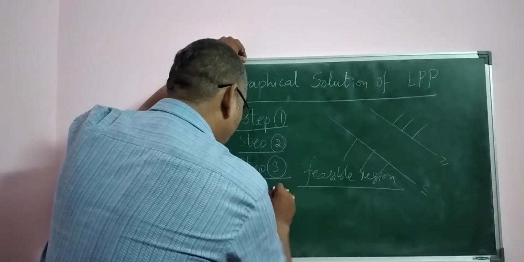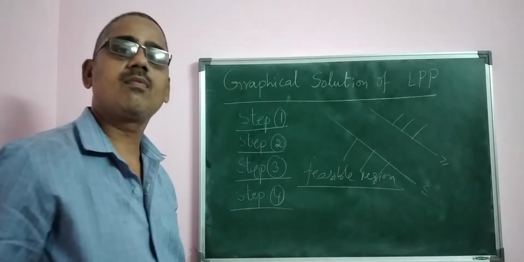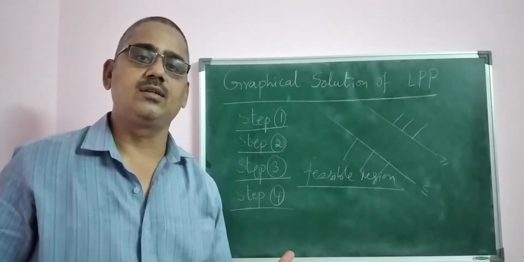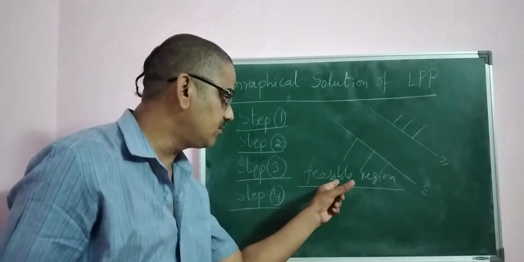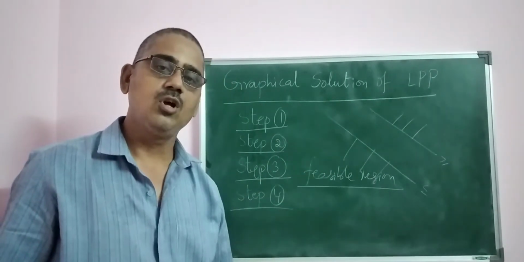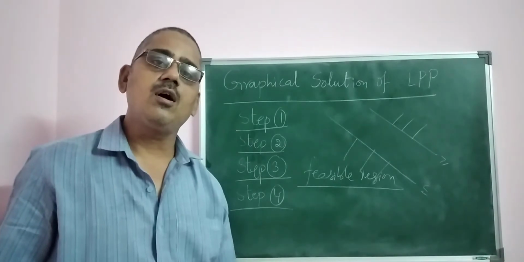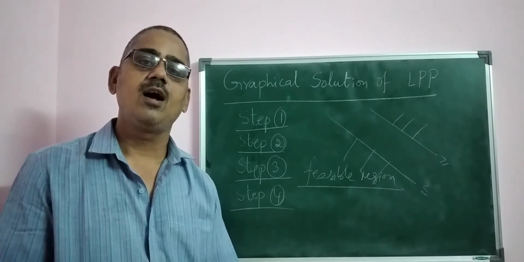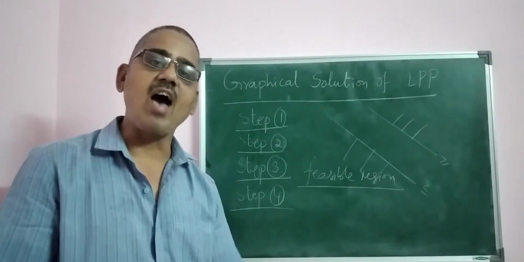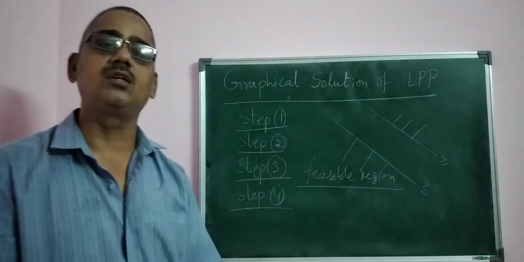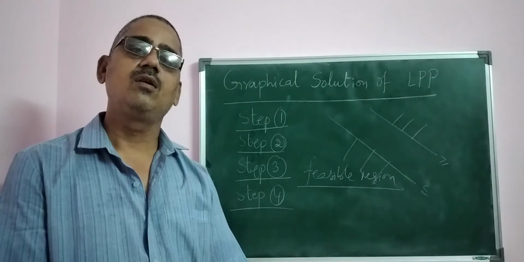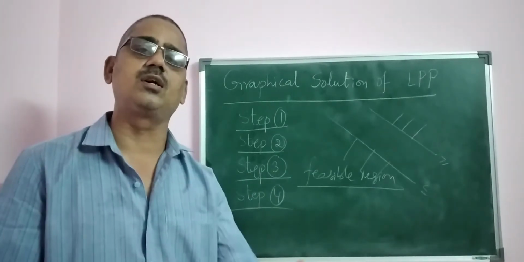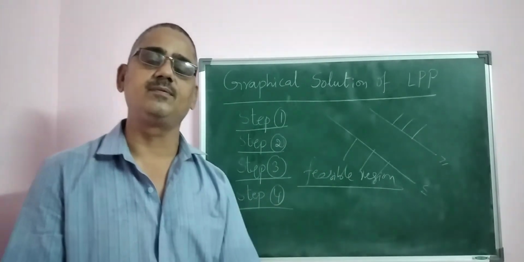And step 4. What is step 4? Find the extreme points of the convex set, or extreme points of the feasible region. The feasible region is a convex set. Now obtain the extreme points of the feasible region, and also calculate the value of z, the objective function, at all the extreme points, which means corner points. That is the definition of extreme point of a convex set.